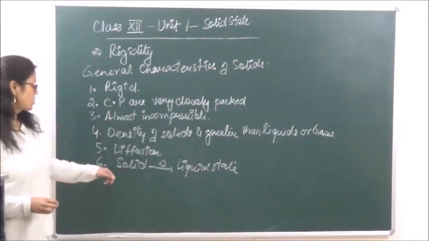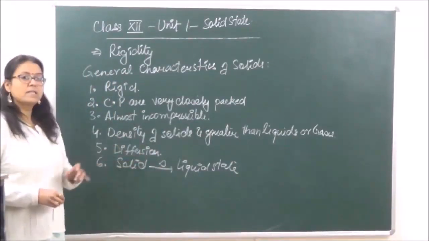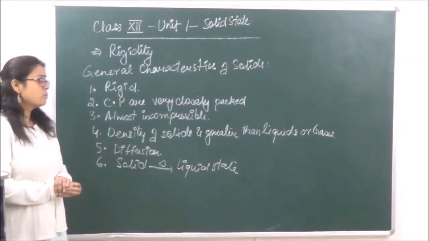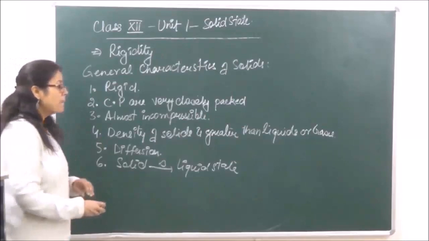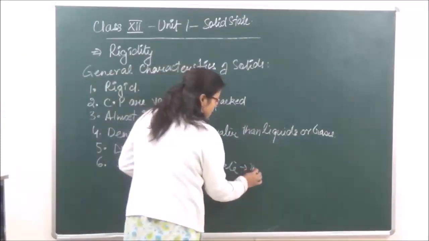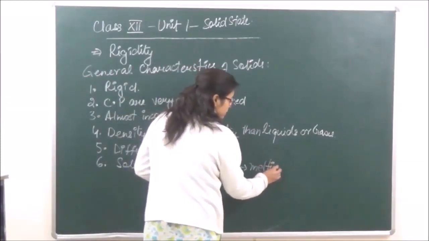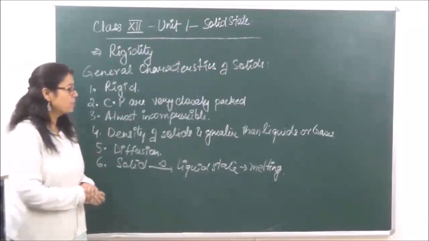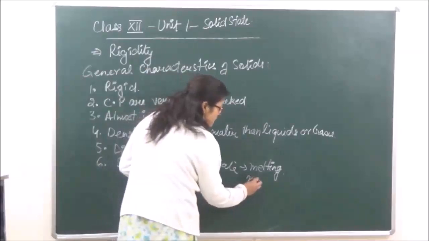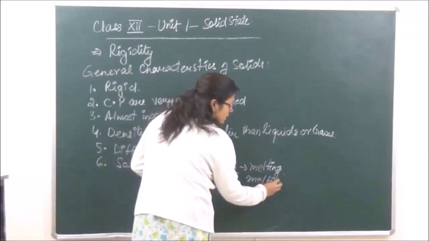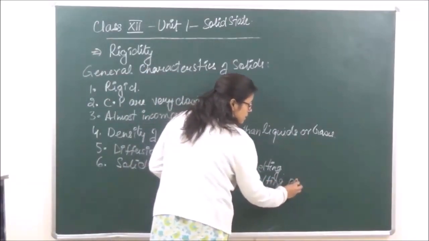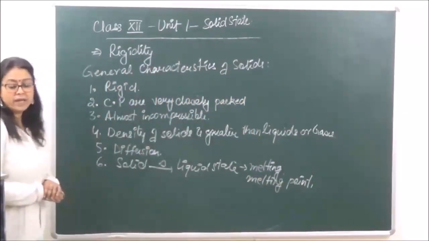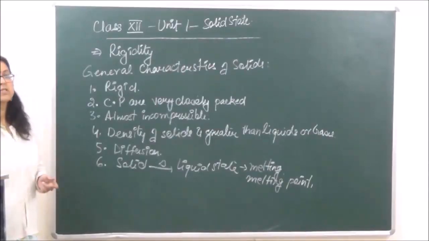When we heat solids they get converted into the liquid state. This process is known as melting, and the temperature at which the solid gets converted into liquid is known as the melting point. So these are the general characteristics of solids.